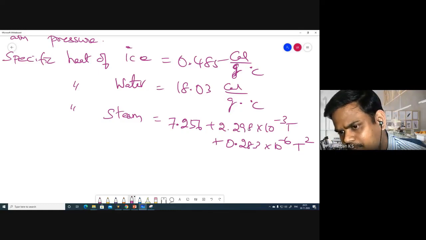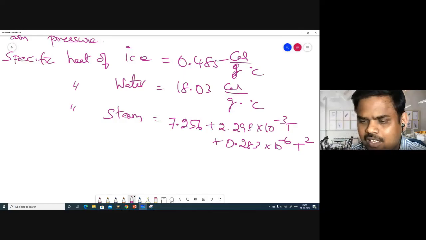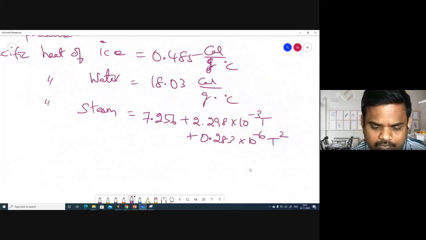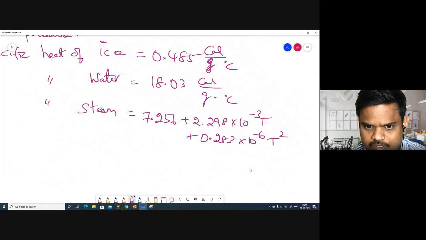The second term B will have 10 power minus 3, and the C term will have 10 power minus 6. That is a general trend we have observed. All these values are in calories per mole degree Celsius, and for steam also it is given in calories per mole degree Celsius.